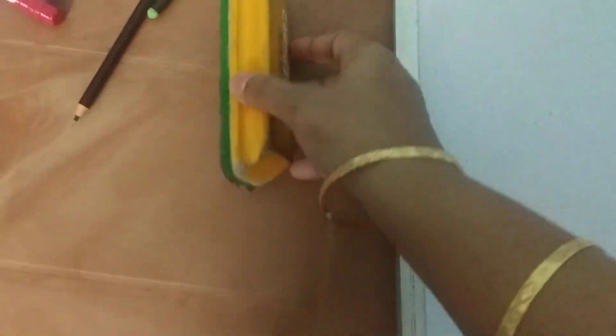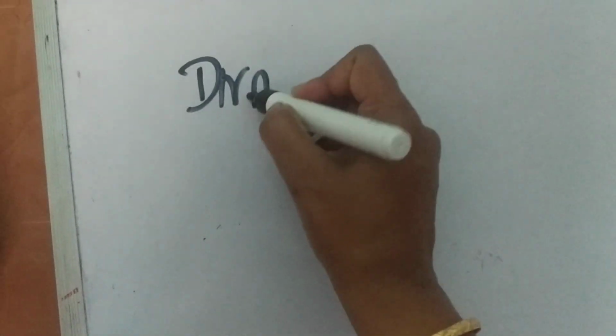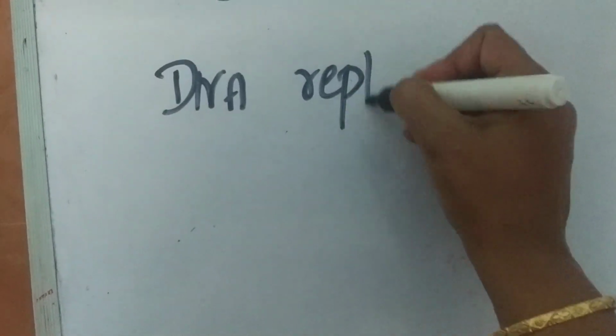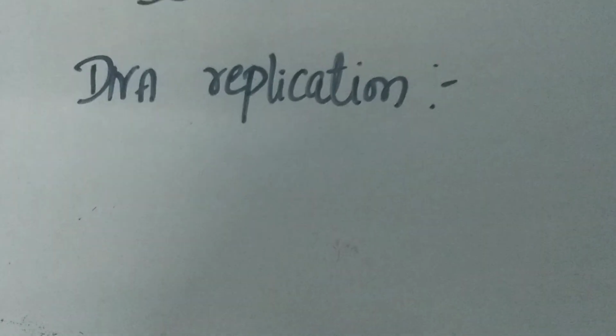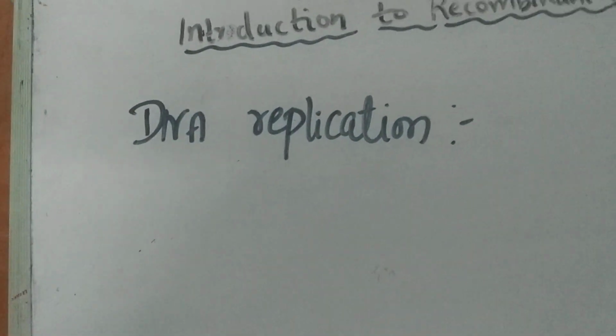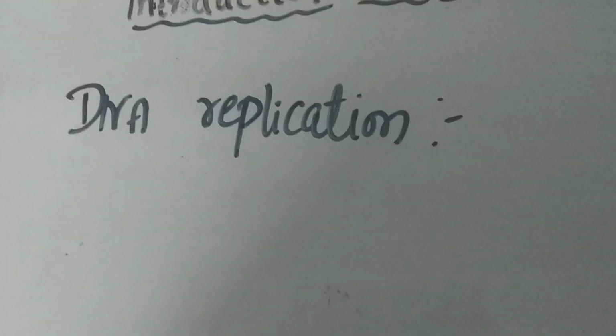So once again they tried to understand the process of DNA replication, and then they understood that for a DNA molecule to undergo replication, you have already studied this process, I hope you have once again revised it.